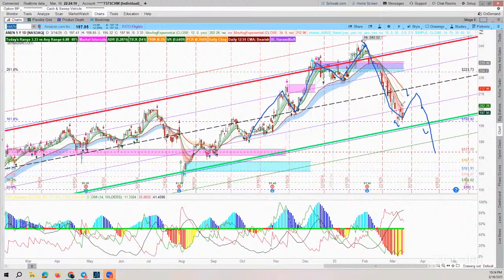So 202 it should test and then it should go down. So it's a choice now whether you want to buy near 192 or sell near 202. With tariffs in place, with consumer spending and with inflation going higher, Amazon may not be the right entry for the longs. It's sell on rise.